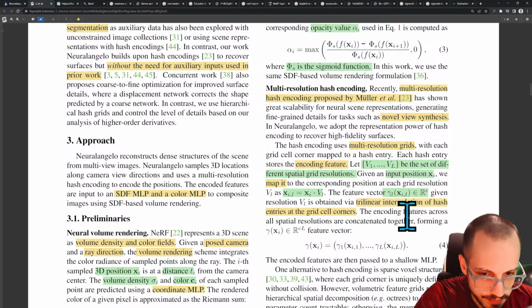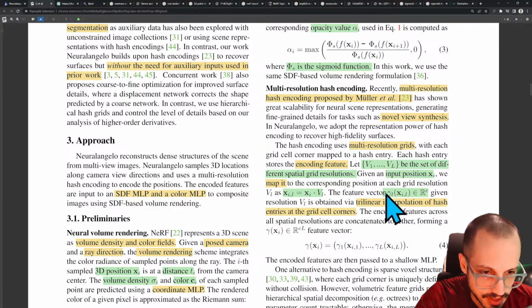The encoding features across all spatial resolutions are concatenated together, forming a gamma xi in R^(CL) feature vector. Okay, so you have L total grids, and then inside each of those grids, you have some point. You say, okay, I have this point, and this point is going to have a feature vector for each corresponding grid. But then all of those feature vectors, I'm going to combine them, right?